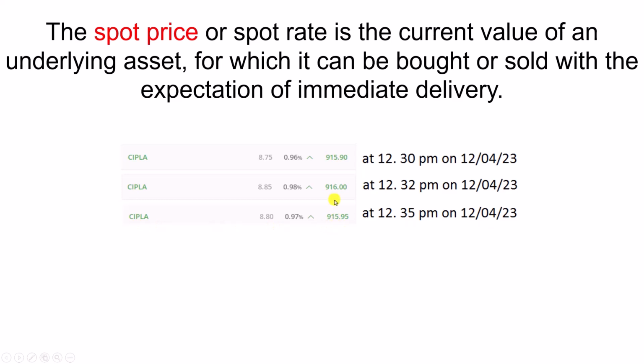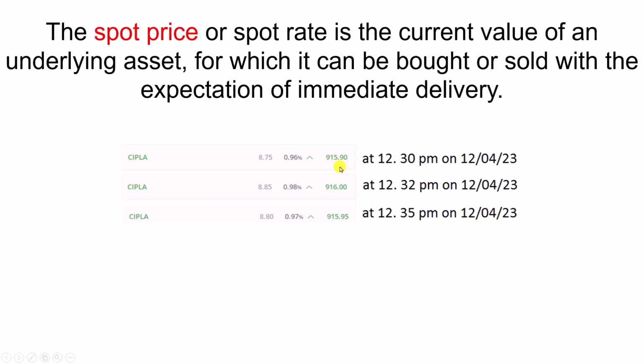So these are spot prices, or I can say spot price is the current market price at which you can buy a stock or underlying asset immediately.